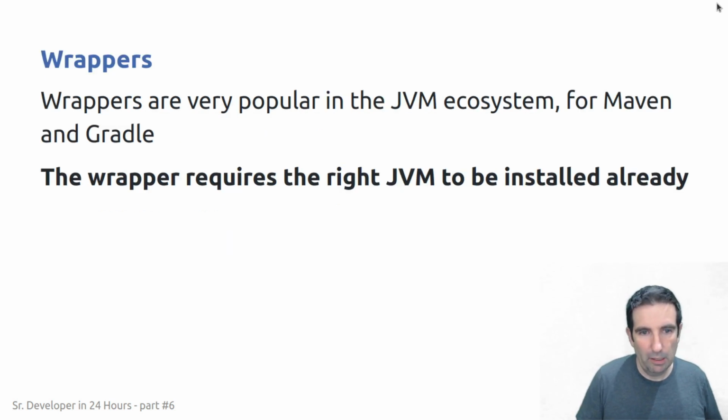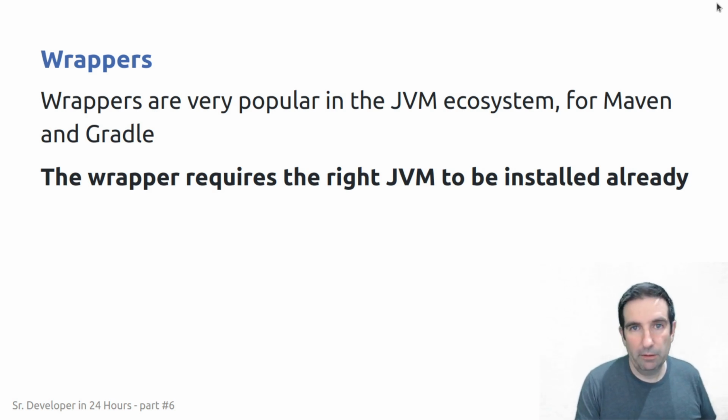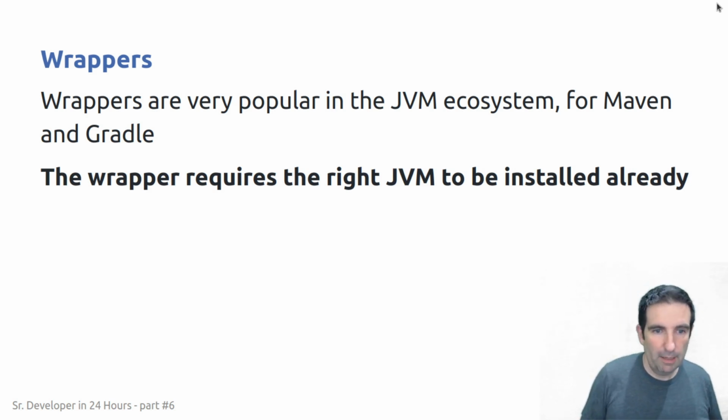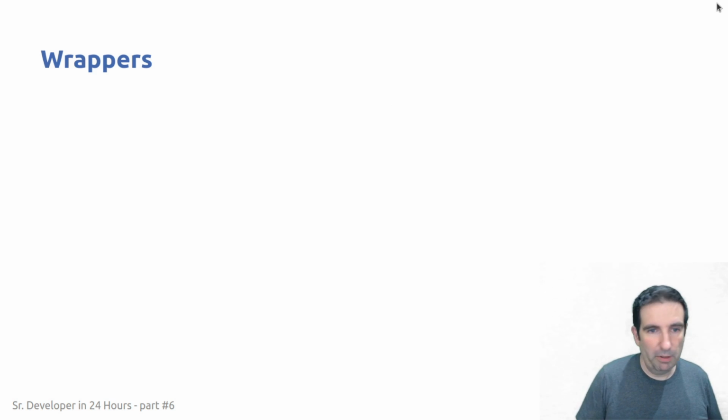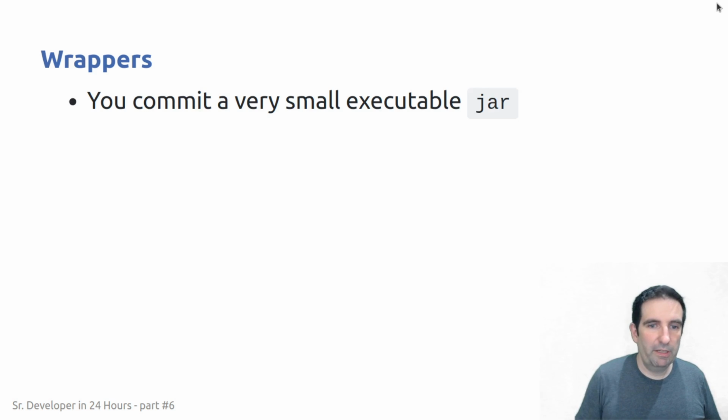All right, but let's begin with the wrappers. Wrappers are very popular in the JVM ecosystem, particularly for Maven and Gradle. The wrapper requires that the right Java virtual machine already be installed in the computer, but other than that, it takes a lot of the guesswork out of having stuff installed. Wrappers work very similarly. Basically, you commit a very small executable, an executable jar, to source control.